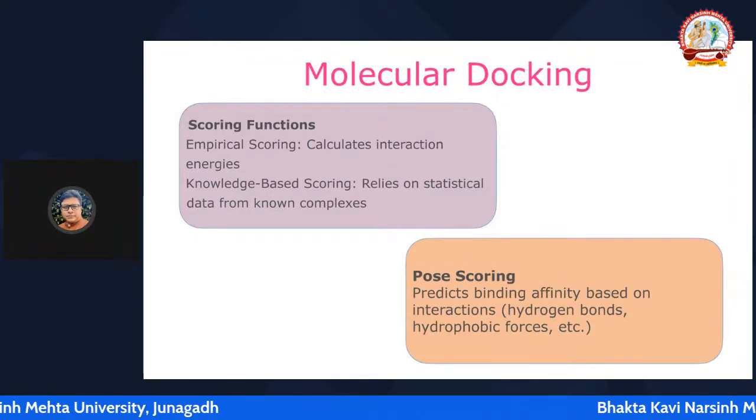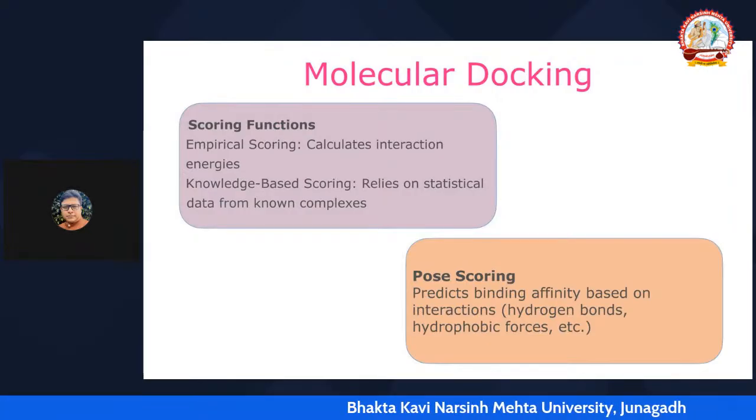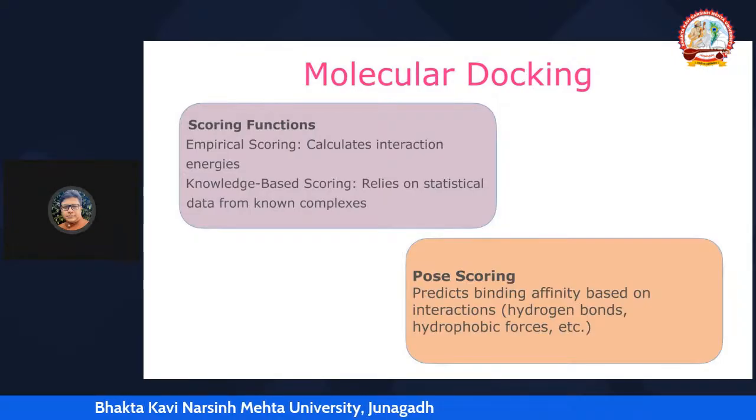So there are two types of scoring functions. One is called the empirical. I will not go into the details. And the second is known as the knowledge based.